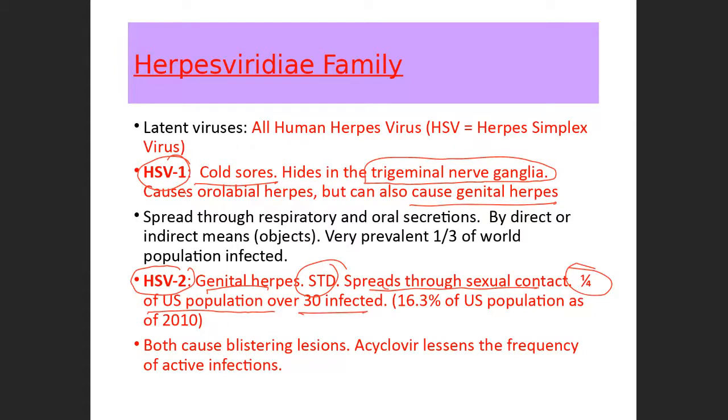As of 2010, 16% of the entire population, not just adults over 30, is infected. It causes blistering lesions. Most of the time, however, it is hidden. And acyclovir, which is a nucleoside analog, helps to keep it hidden.